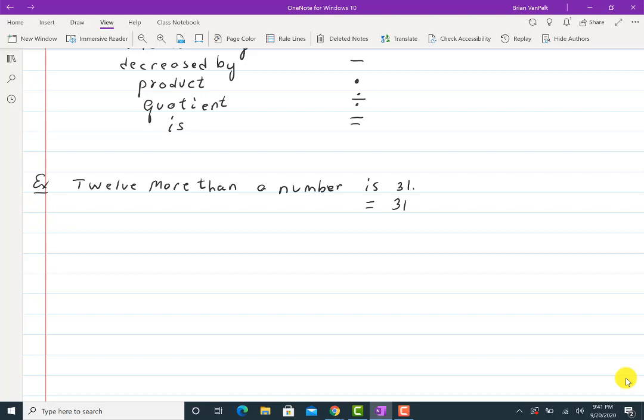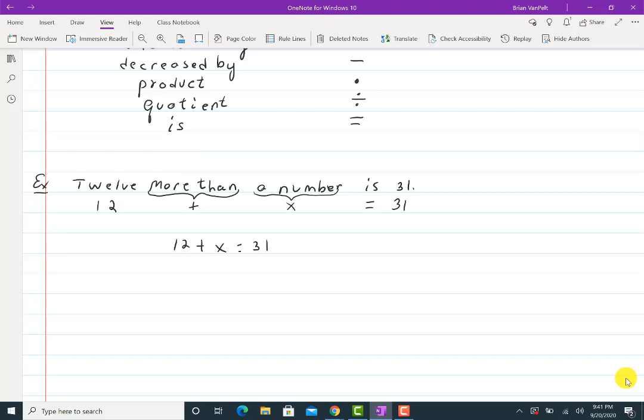So let's take a look at this part. 12 is easy. The words more than are addition. And whenever they say a number, that's some unknown number, we can call it x. So there's your equation: 12 plus x equals 31.